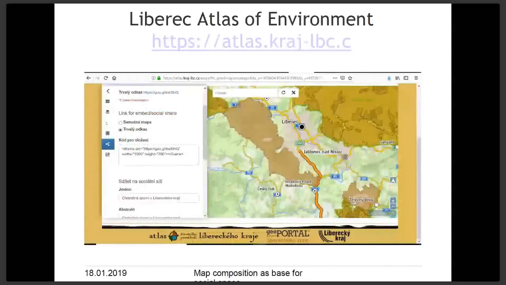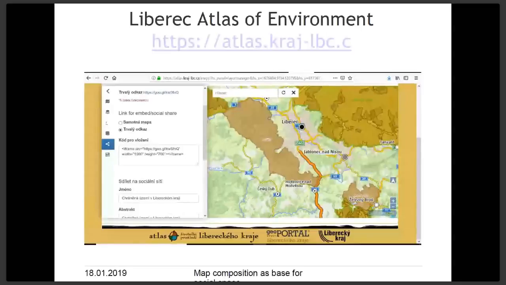Now you can say, okay, it's nice, but you are speaking about a social environment for sharing the data. The first thing is that the solution supports sharing data on social media, and you can share your maps through Twitter or Facebook.